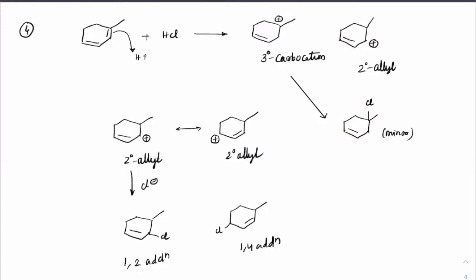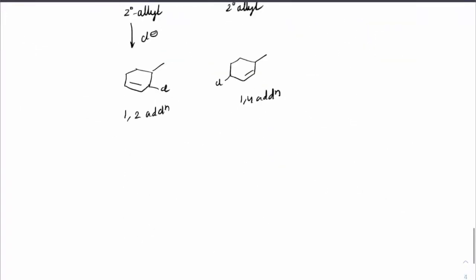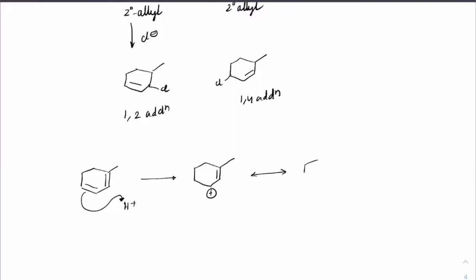There is another way by which we can do it. So these two we got. On the same question, why didn't I make an addition this way? Suppose we have a double bond here. Now, if H plus got added from this end, we can get the carbocation here first. And this carbocation can undergo rearrangement. I mean, give a resonating structure with a more stable carbocation here.